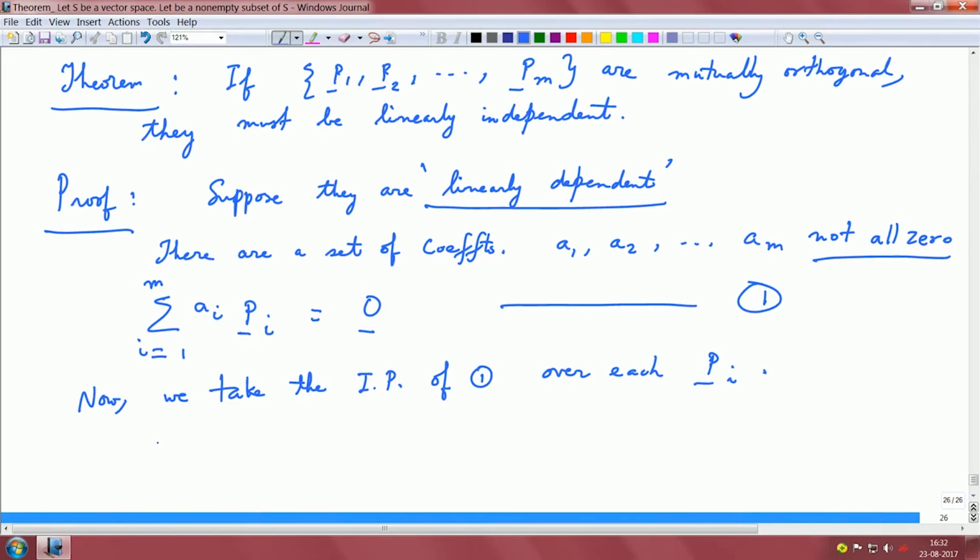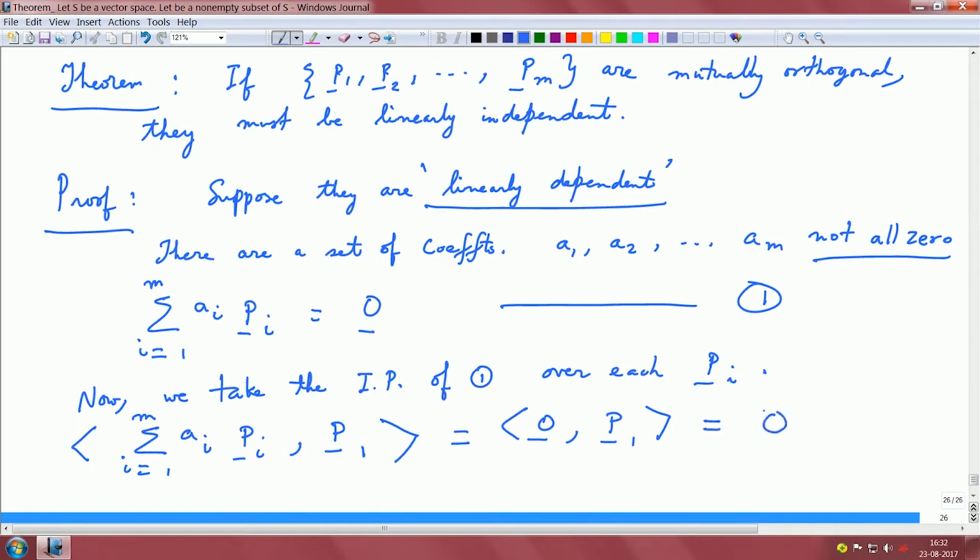When you take 0 with pi, this is basically 0. I will just take one case and it is very easy for you to think about the rest. Take it with p1. The inner product of 0 with p1 is basically 0.